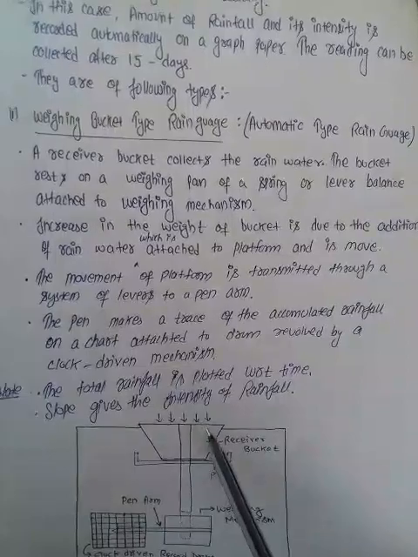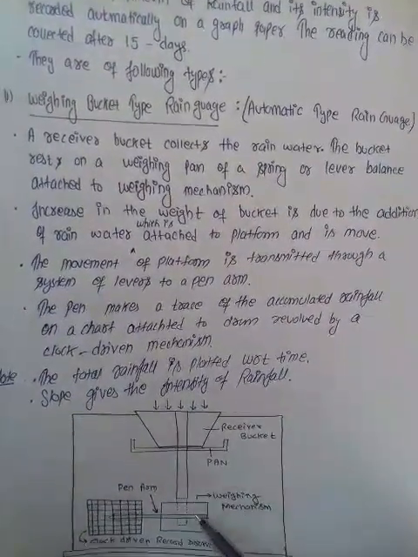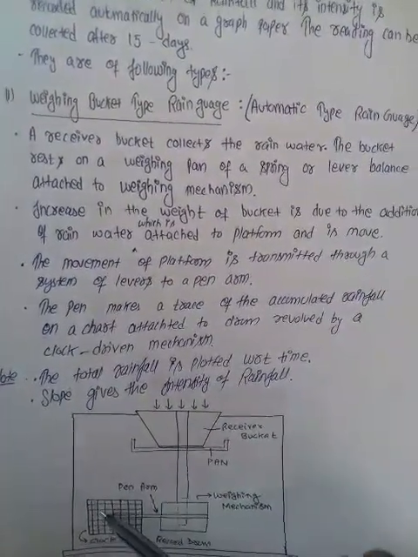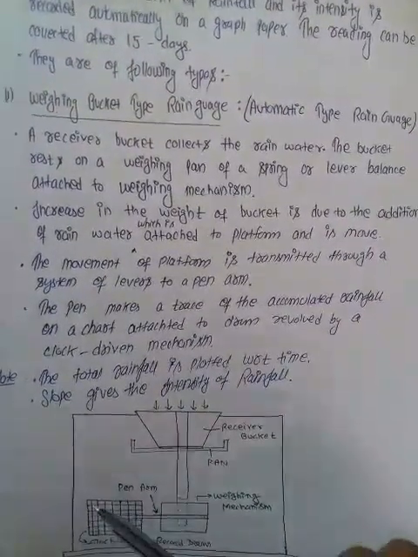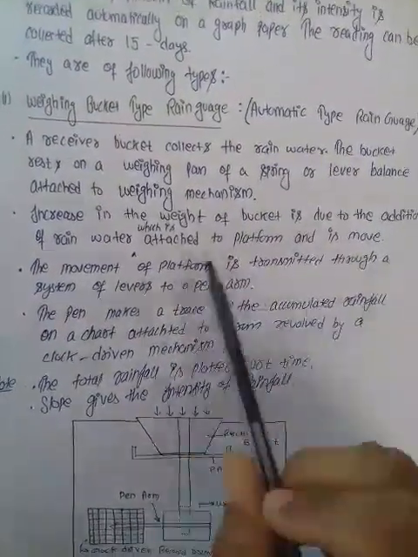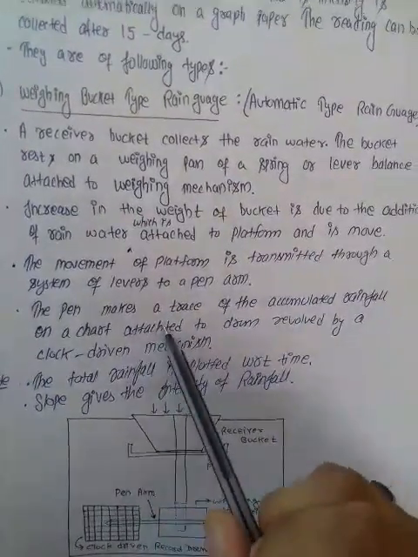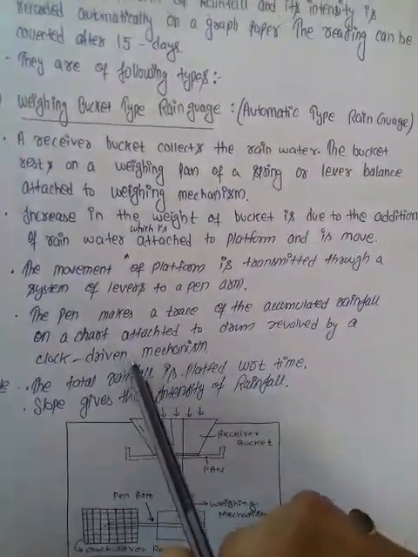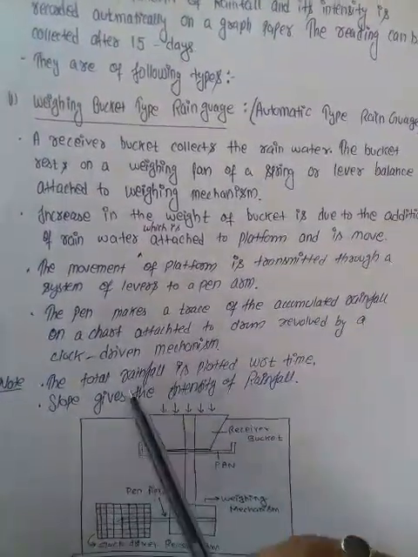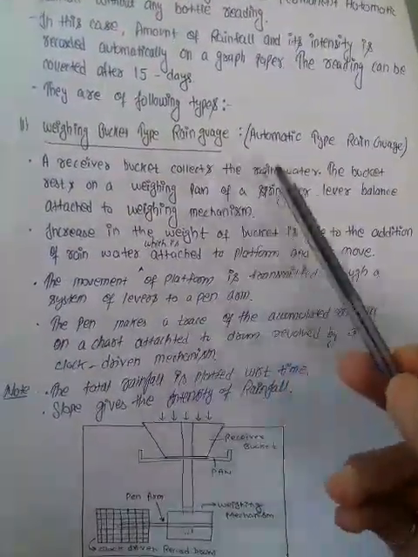The movement of the platform is transmitted through a system of levers to the pen arm, and the pen makes a trace of the accumulated rainfall on a chart attached to the drum revolved by a clock driven mechanism. Please note that the total rainfall is plotted with respect to time, and the slopes give the intensity of the rainfall. This is the basic introduction to the weighing bucket type of rain gauge.